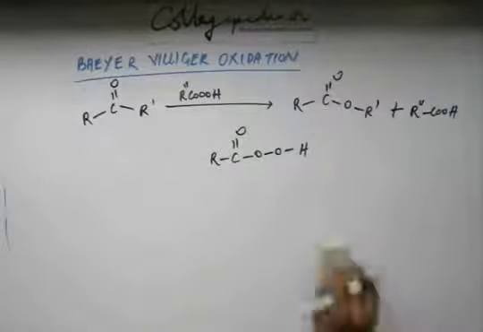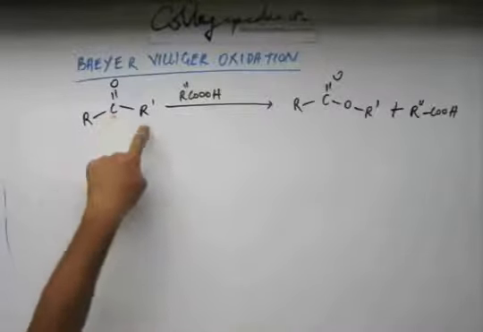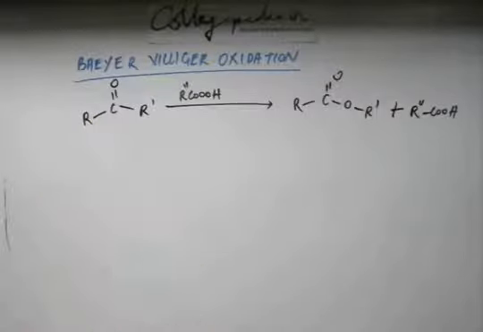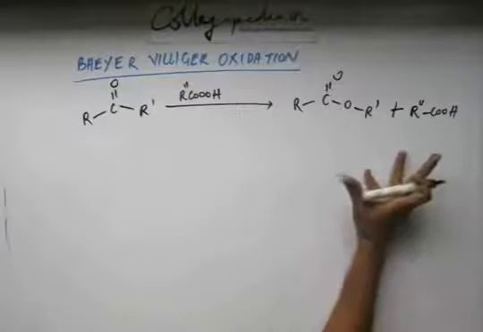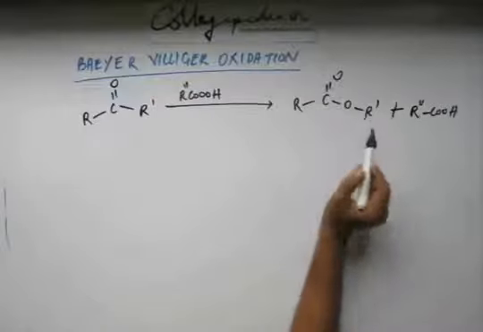Now because there are two bonds, there are two possibilities. One possibility is insertion between the carbonyl group and R dash, the other is insertion between the carbonyl group and R. Whichever group has higher migratory aptitude, insertion will be between the carbonyl group and that group.